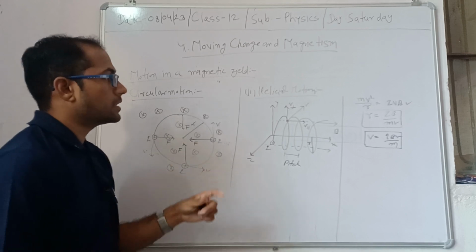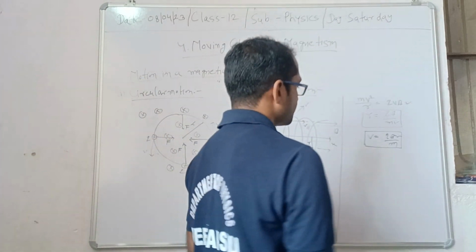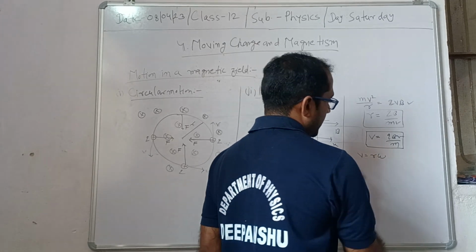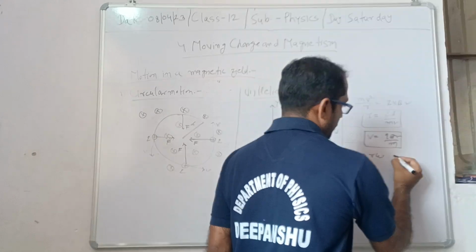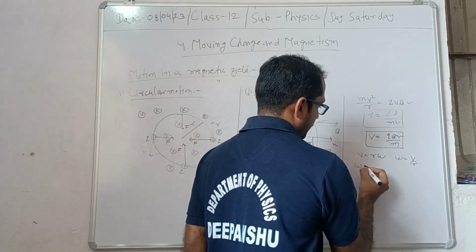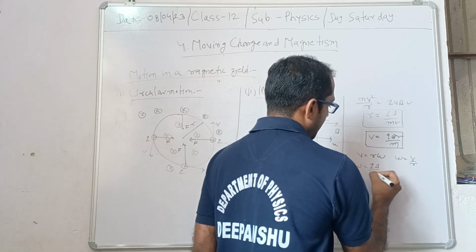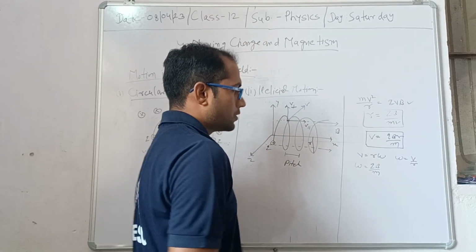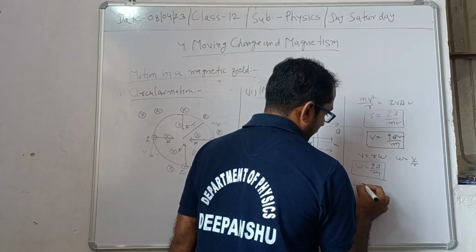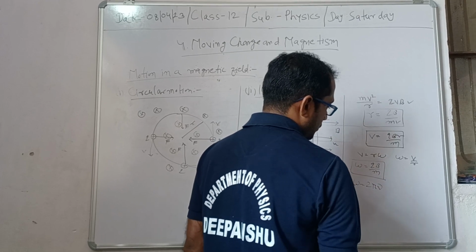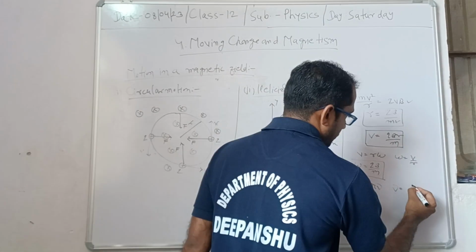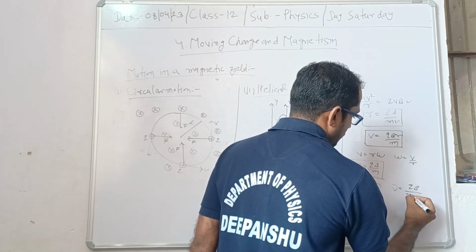We know that v equals rω, so if we find ω equals v/r, we get ω equals qB/m. This is the angular velocity. We also know that ω equals 2πν, so the frequency ν equals qB/2πm.